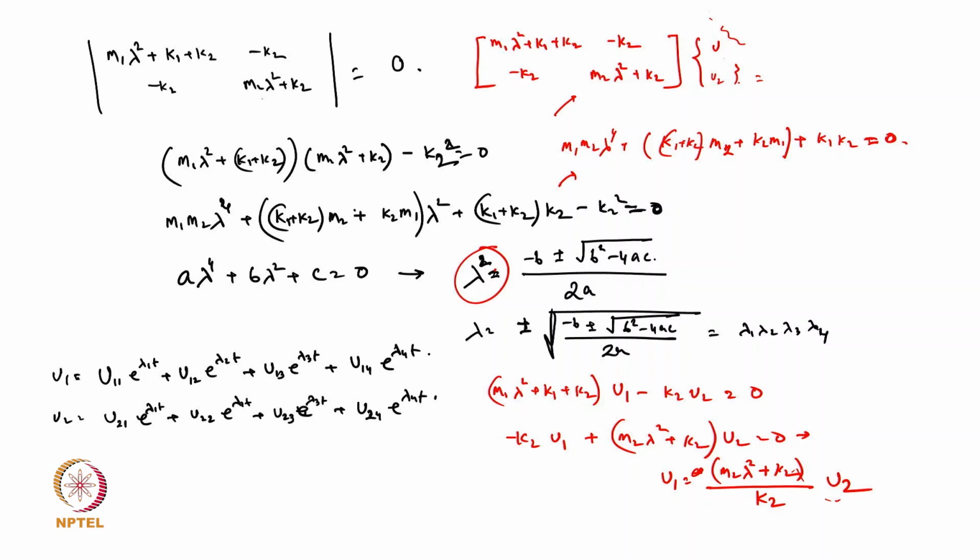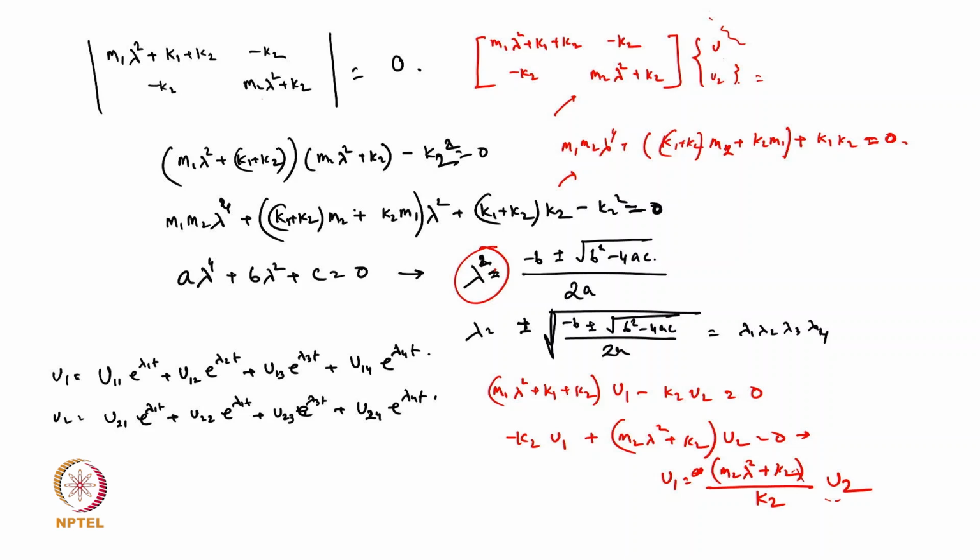Very simple. I just take it to the right hand side and divide by k2. It's absolutely all right. And I'm not doing any linear algebra or anything, just normal algebra.